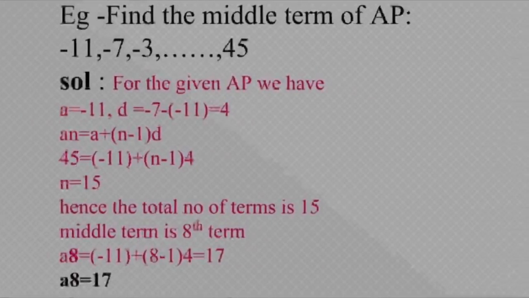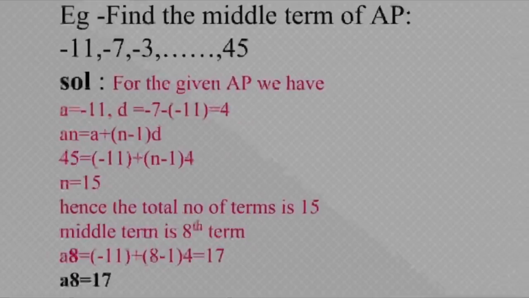Now let us take one more example where the numbers are minus 11, minus 7, minus 3, and so on. The last term is 45 and we have to calculate the middle term of the AP. Now from the given list of numbers, let us write the first term. First term is minus 11, second term is minus 7, third term is minus 3 and the last term is 45.